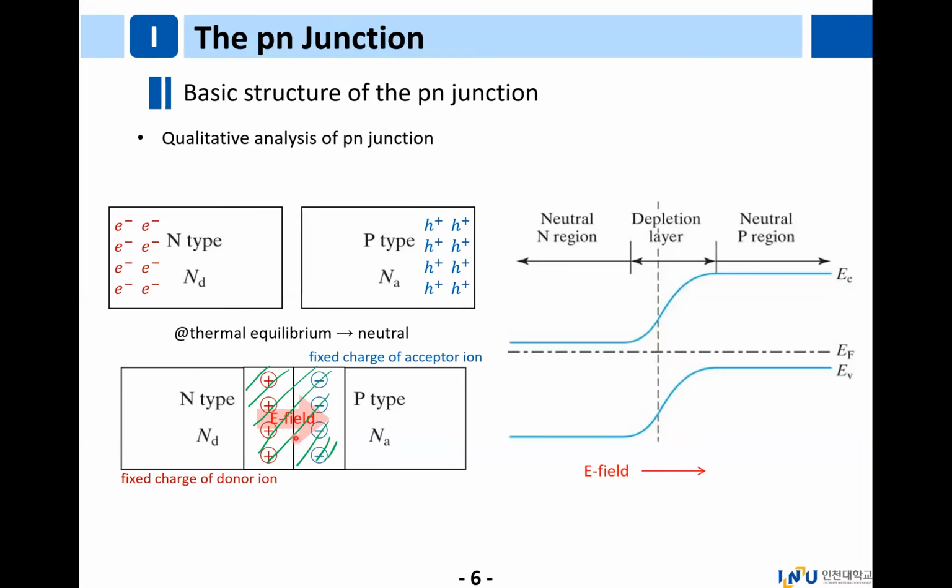This internal electric field is represented by the bending of the energy bands in the energy band diagram. When a p-n junction is formed in this way, an internal electric field is established due to the fixed charge. So this is because of fixed charge, right?